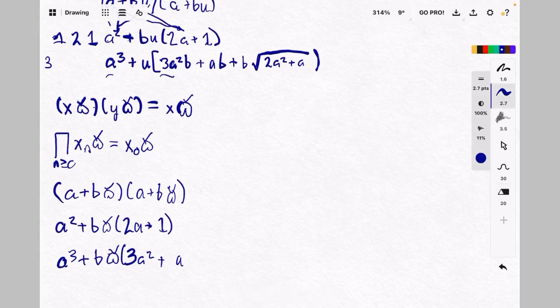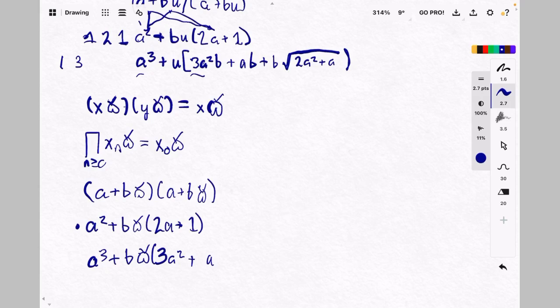There we go. Then we multiply this by this. And since this is always going to be the first b, remember this is anti-commutative, so we're multiplying this by this.